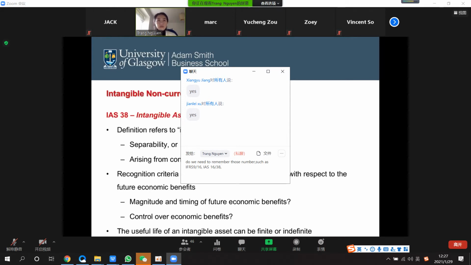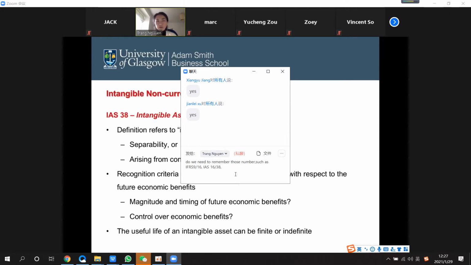However, whether Apple can record the brand as an asset or not: if there's no transaction based on the brand, Apple cannot record it as an intangible asset. Although the outside market can value the brand, if it can't be separated by any transaction, we can't record it as an intangible asset.